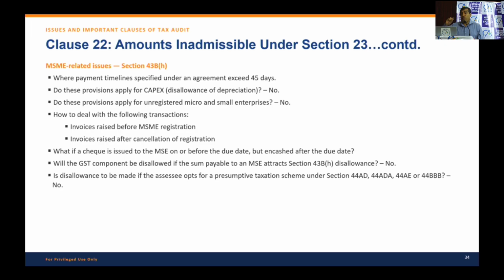But if somebody is offering under presumptive, then, as you do for 44AD, whatever deductions or allowances and disallowances you consider, the same logic will follow here for this section. For example, your depreciation will be deemed to be assumed, your disallowances would be deemed to be assumed, and then you report a minimum threshold, which is presumptive taxation in such cases.